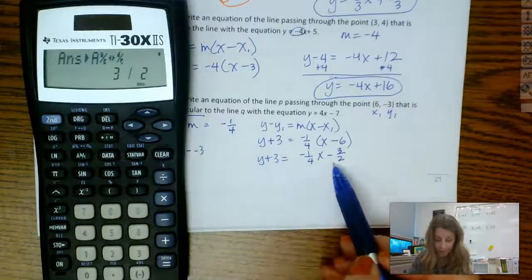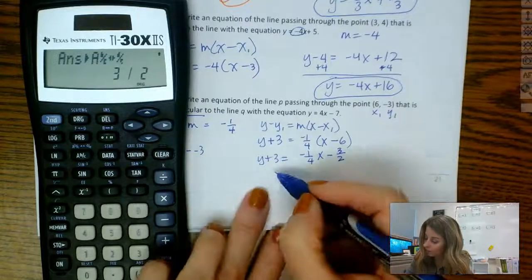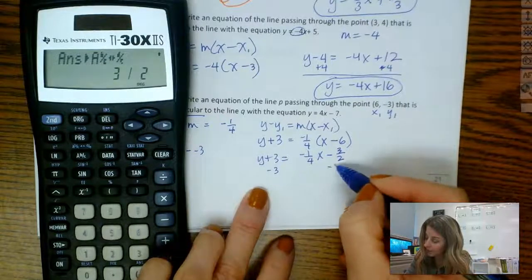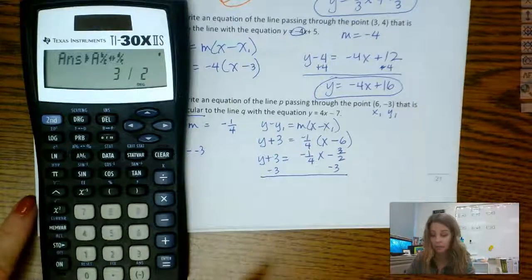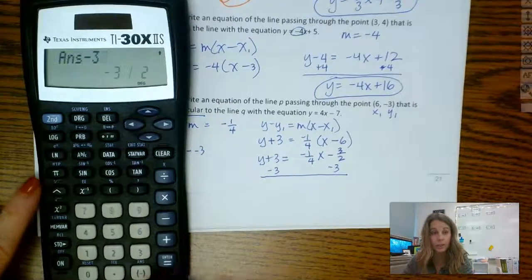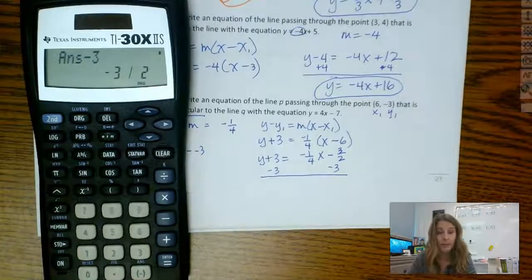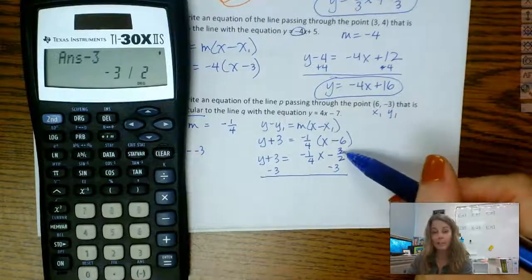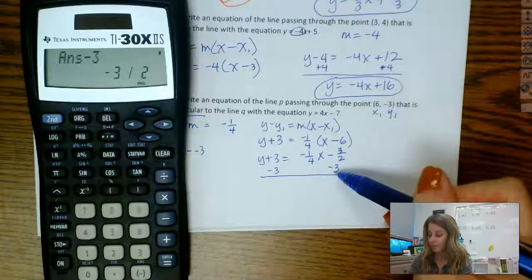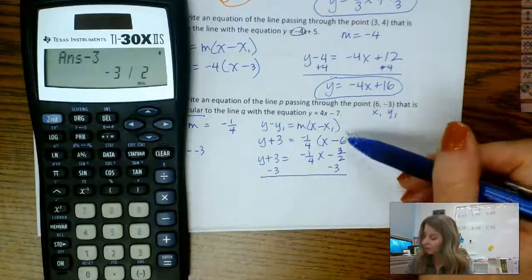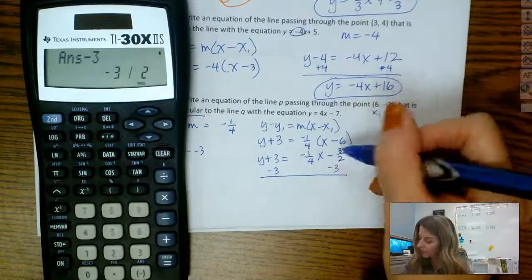And then now I want to take away that 3. So I'm going to take my 3/2 minus 3. That's basically 1.5, and if you take away 3, I actually wrote down negative.